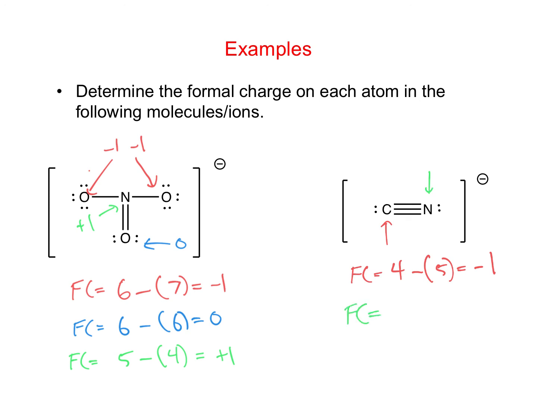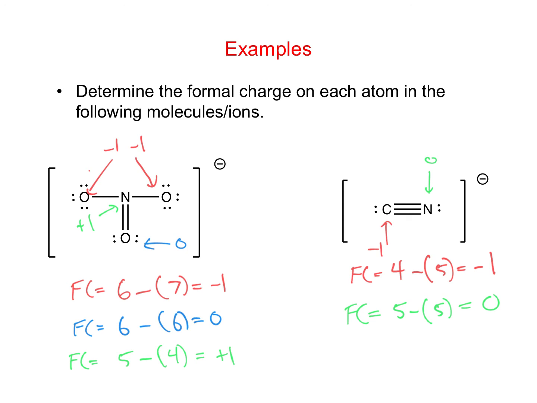The formal charge is, nitrogen normally has 5 valence electrons, minus, now we have 2 balls and 3 sticks, so that's 5. So the formal charge on that nitrogen is 0. So we'll put a 0 here, put the negative 1 for that carbon. And again, the 2 formal charges add up to be the total charge on the cyanide ion, which is good.